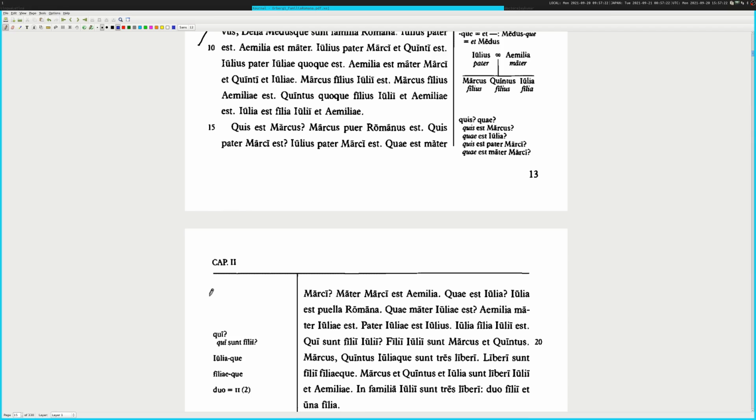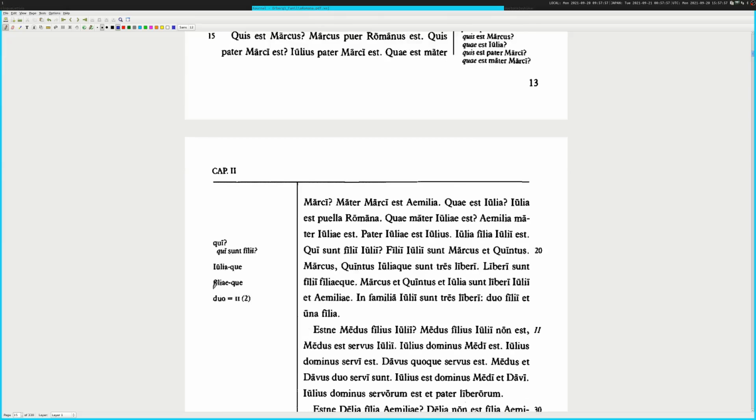Liberi sunt filii filiaeque. So, boys and girls, okay. Marcus and Quintus and Julia are liberi, are children of Julius and Aemilia. And in Julius's family, there are 3 children, 2 boys and 1 girl.